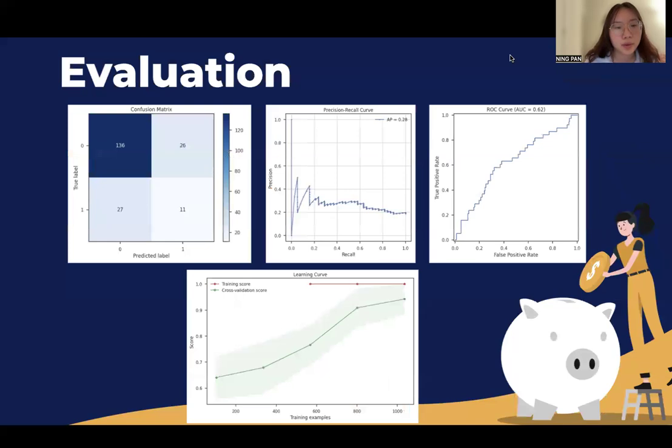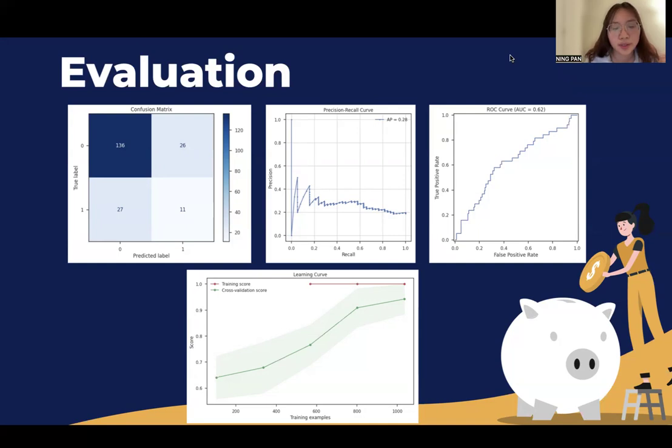And the model performed well but has room for improvement. The confusion matrix shows it correctly classifies most non-default cases but struggles with identifying defaults, with 27 false negatives. This suggests it's reliable for predicting low-risk borrowers, but may underestimate risk for some high-risk cases.